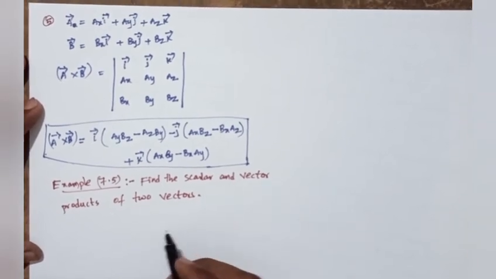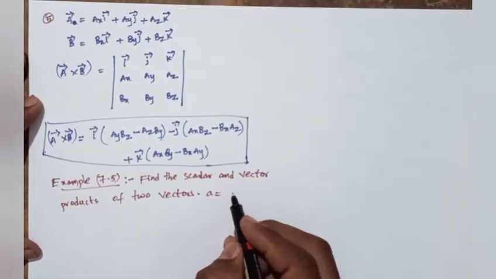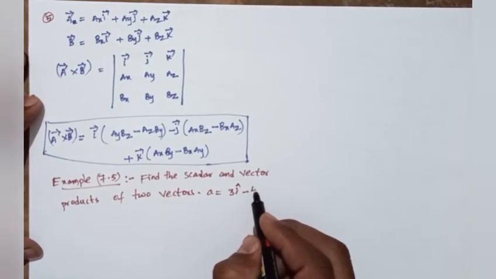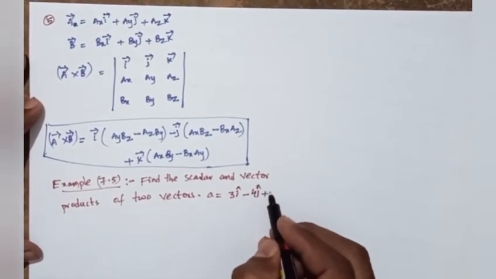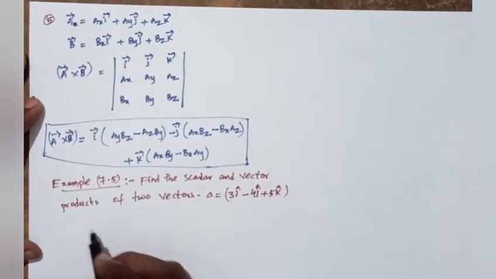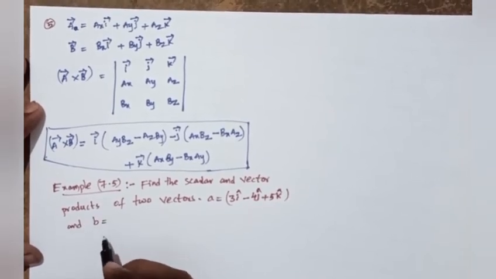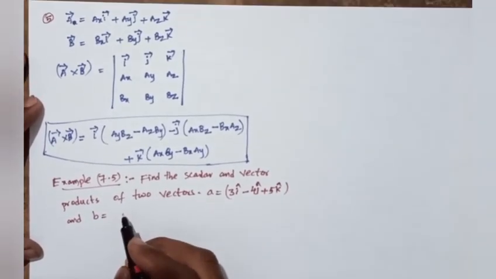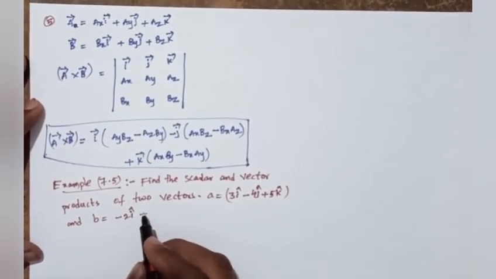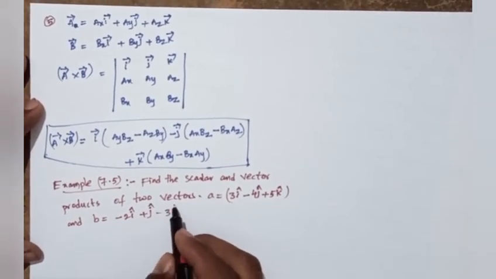Here A equals 3 i cap minus 4 j cap plus 5 k cap, and B equals minus 2 i cap plus j cap minus 3 k cap.